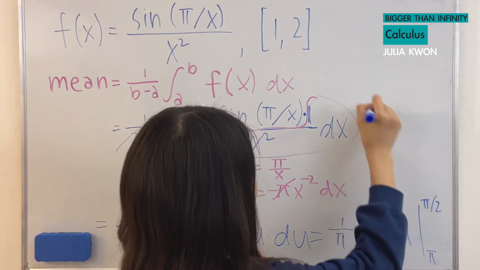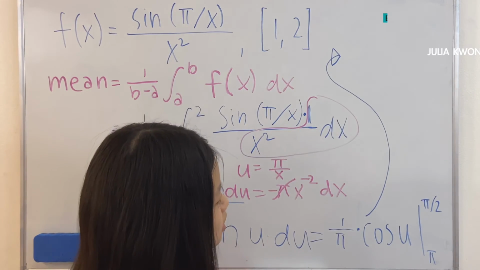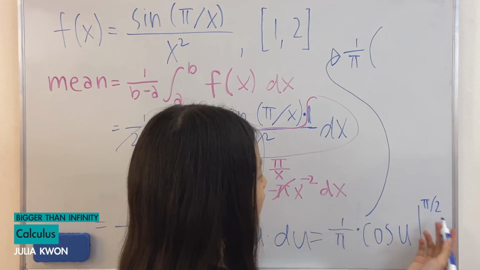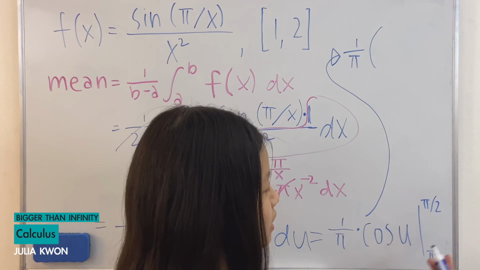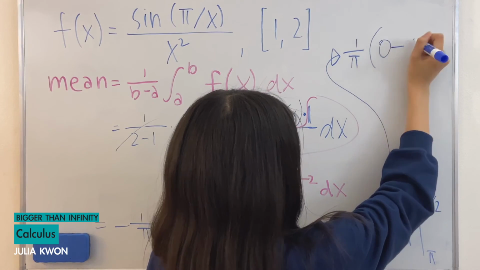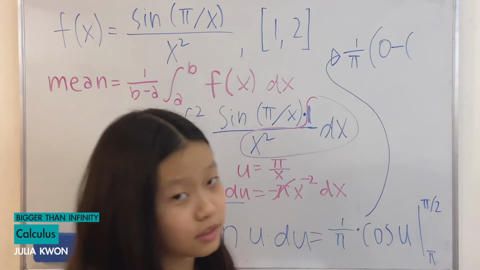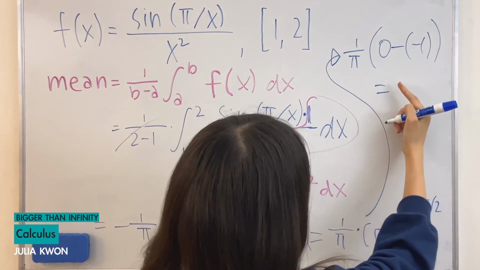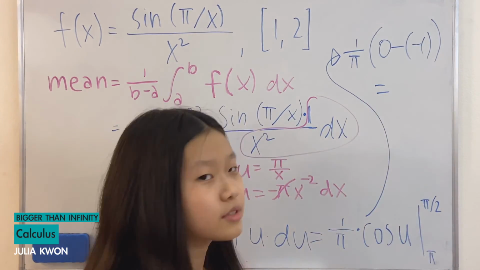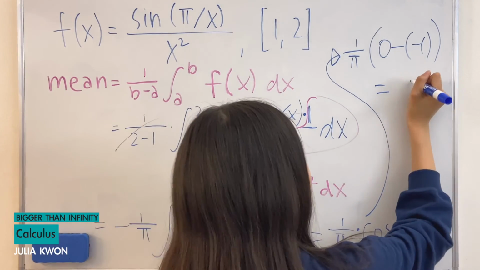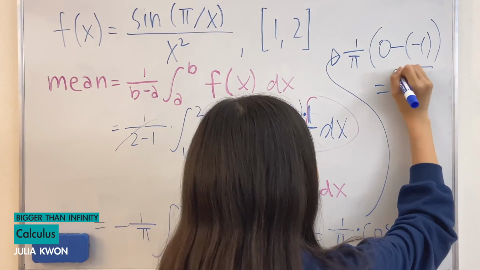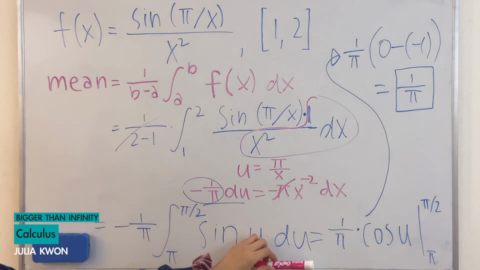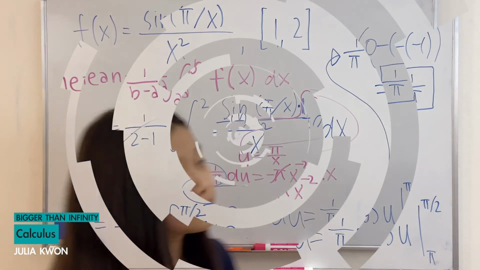Putting in the limits, we have 1 divided by pi times cosine of pi divided by 2, which is 0, minus cosine of pi, which is negative 1. And so this would be equal to 1 divided by pi times positive 1, so our final answer would be 1 divided by pi. And that would be our answer for the average value of this function.